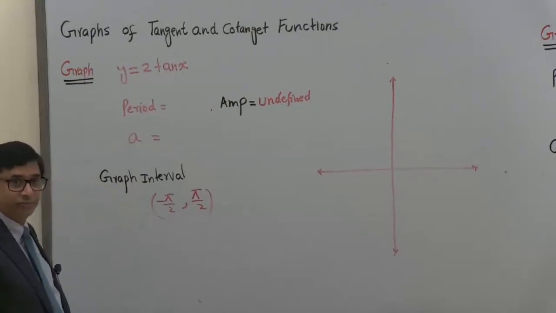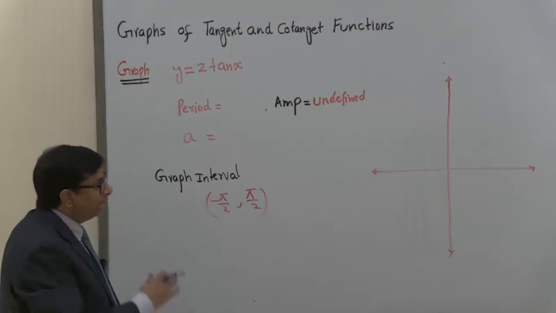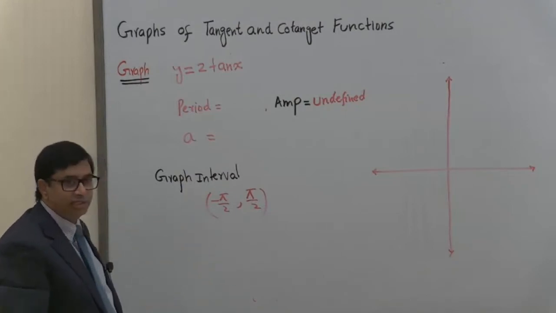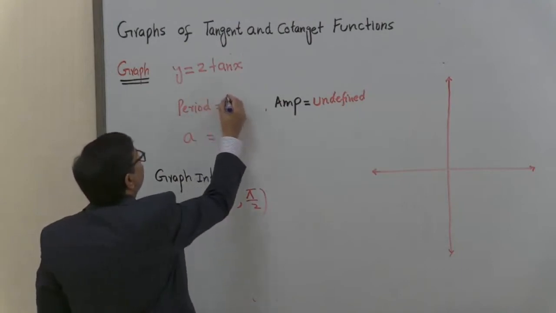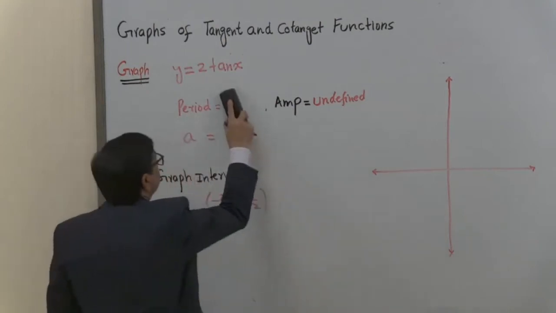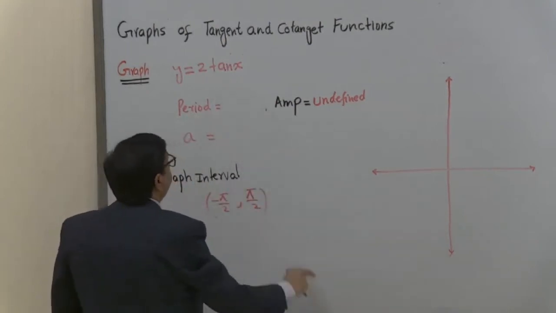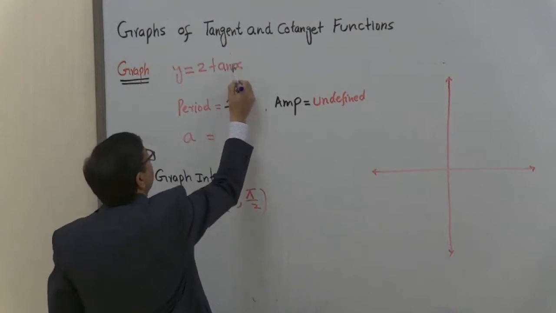Okay. This is the tangent function and we know the shape of tangent. Tangent is on both sides of the y-axis. Period is pi over 1 because coefficient is 1.